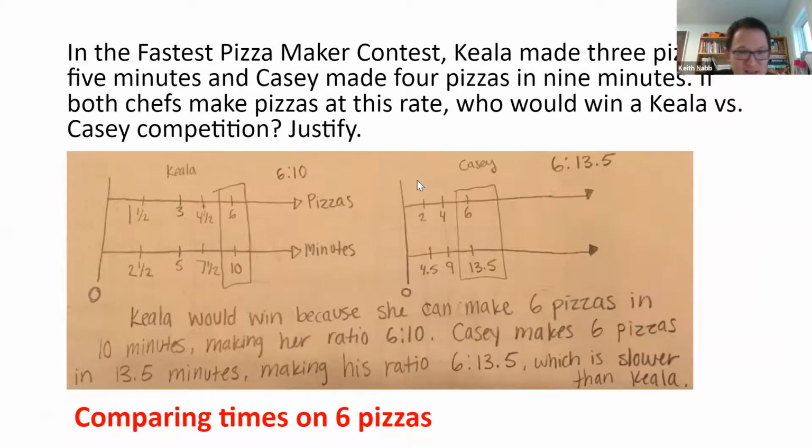The interesting thing here is she seized on the 2 for Casey, and then seized on the 3 for Keela. And she said, why don't I just go to 6 pizzas? There's no need to go to 12 pizzas to make a comparison. I can just go to 6. So this is almost a combination of, it's almost like least common multiple, but she was using the original information for Keela and then the adjusted information on Casey.